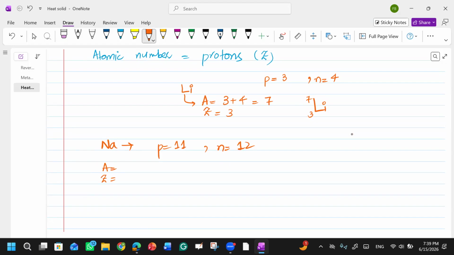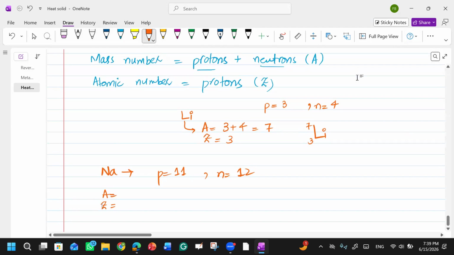The atomic mass would be 23, because you are adding 11 protons and 12 neutrons. What about the proton number? The proton number will be 11.